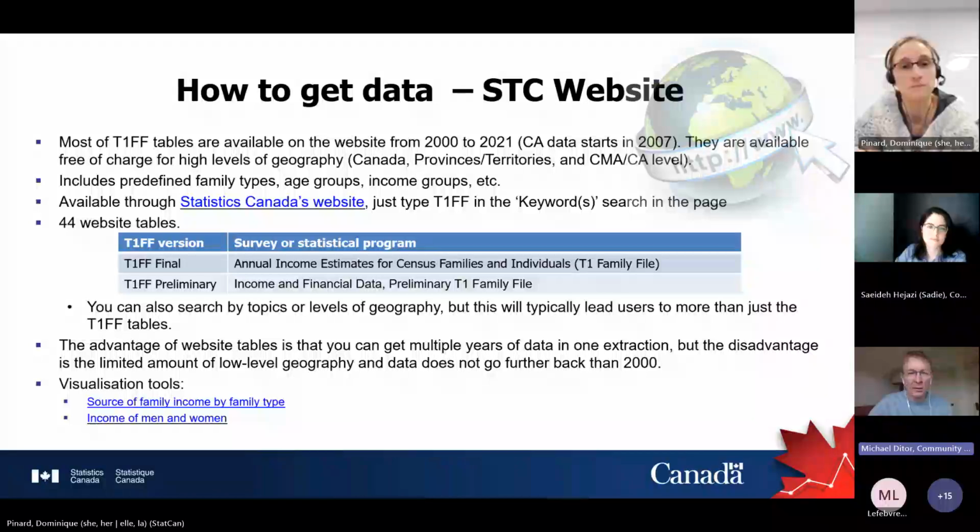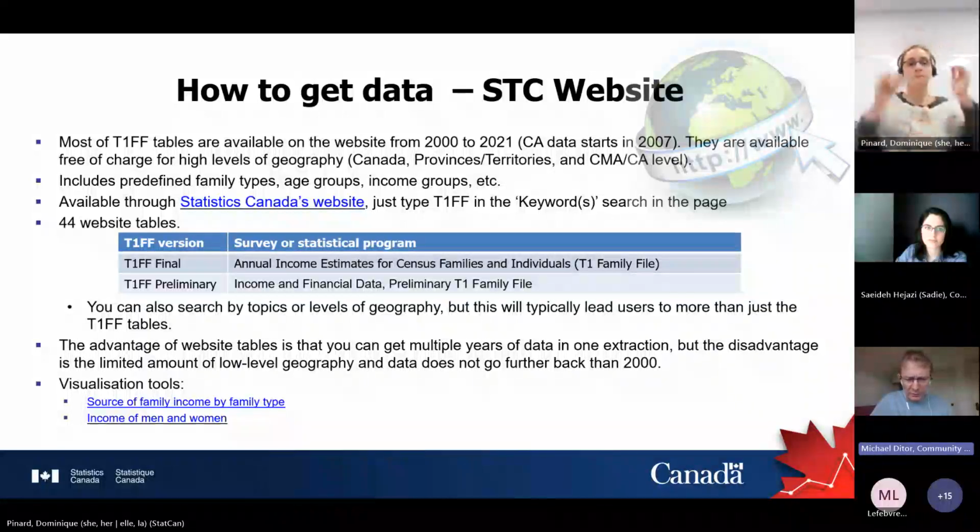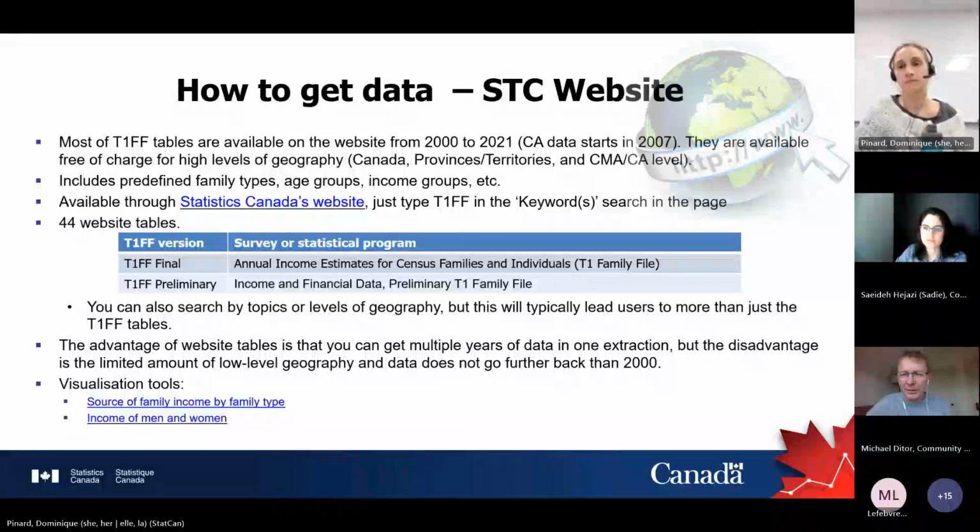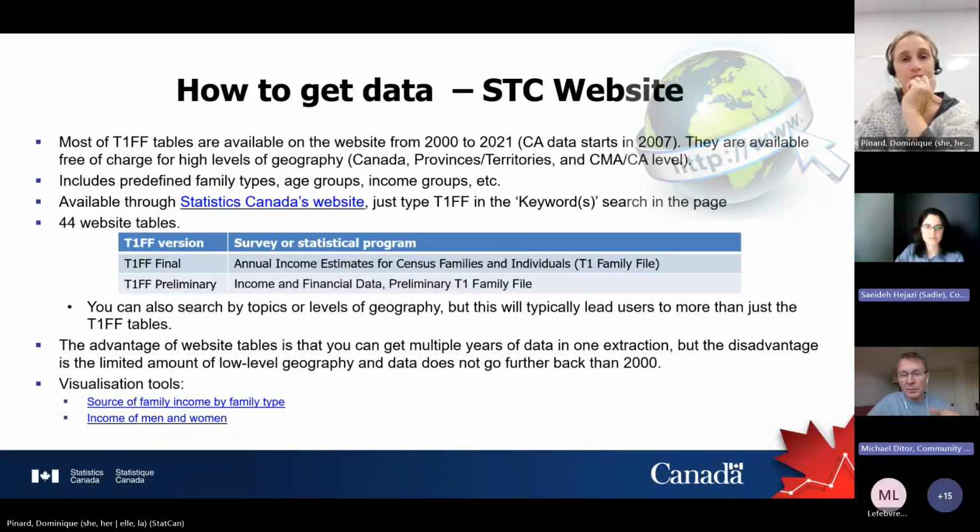In addition, we have a couple of custom tabulations that we get on working poor, on working poverty and income inequality. We updated working poor with 2021 and 2022 tax data this year, and we're going to be doing the same with the income inequality data, getting 2021 and 2022.